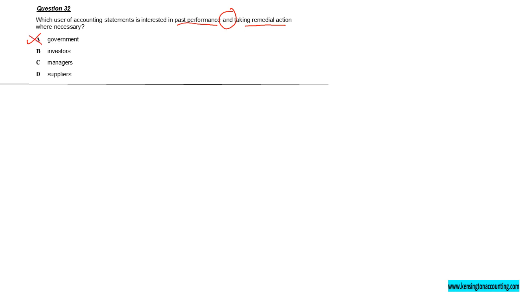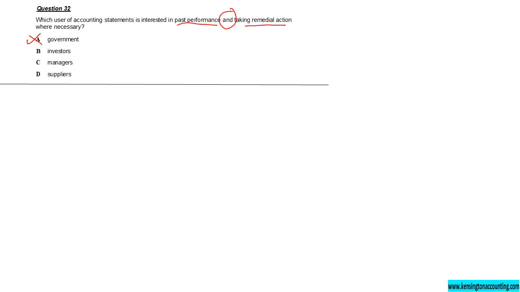Second, investors. We're not talking about owners. We're talking about future investors. Future investors at any point in time look at many companies where they would be interested to invest, and obviously they look at the profitability of the company to see the trend of profits.